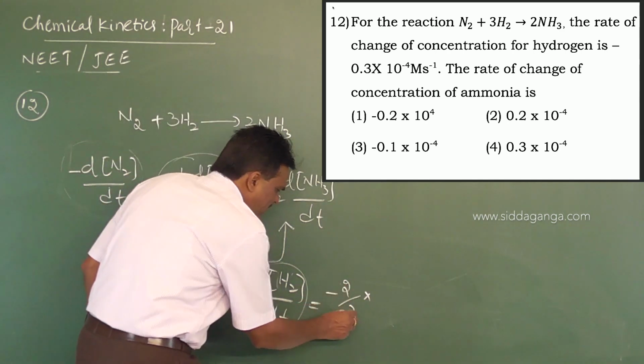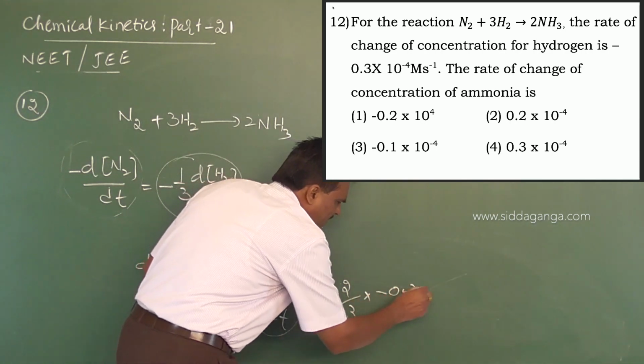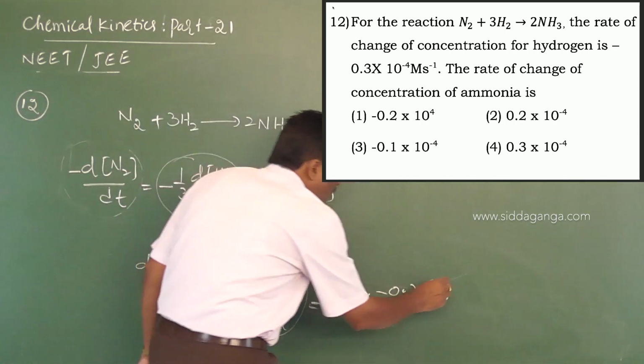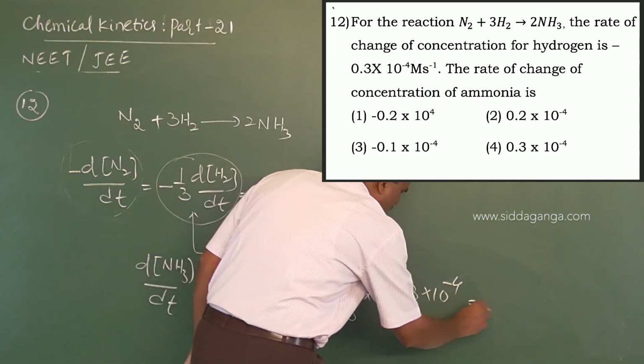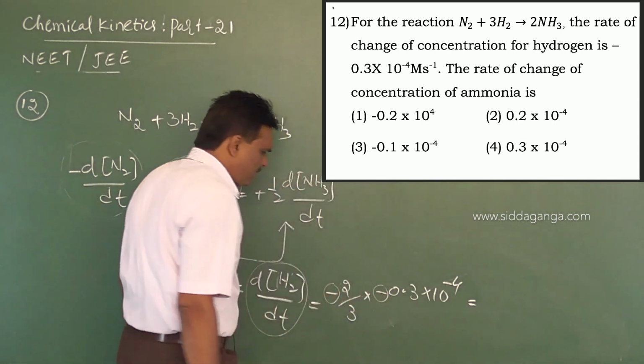So minus 2 by 3 into minus 0.3 into 10 to the power of minus 4. Minus into minus is plus.